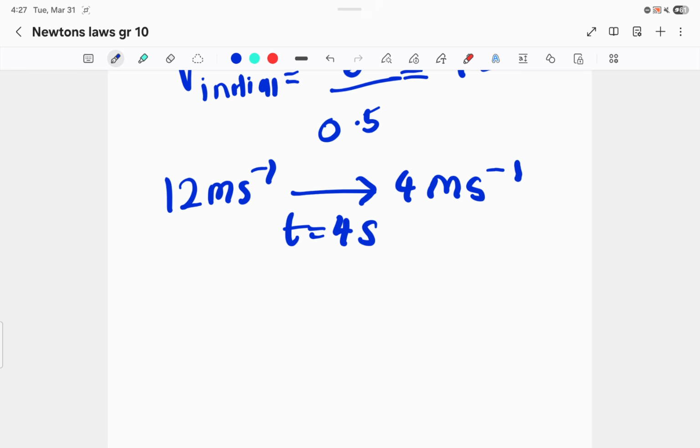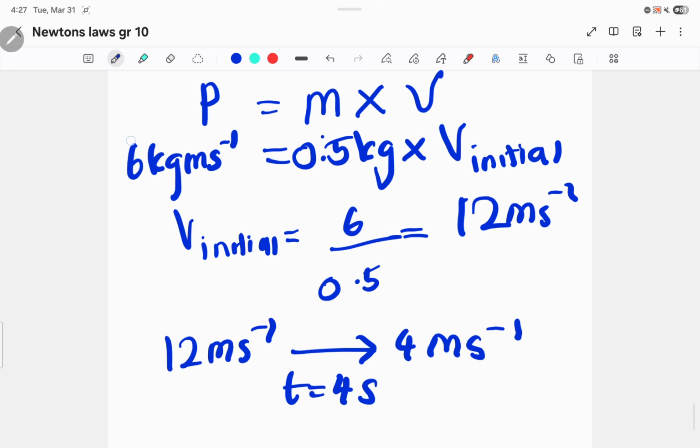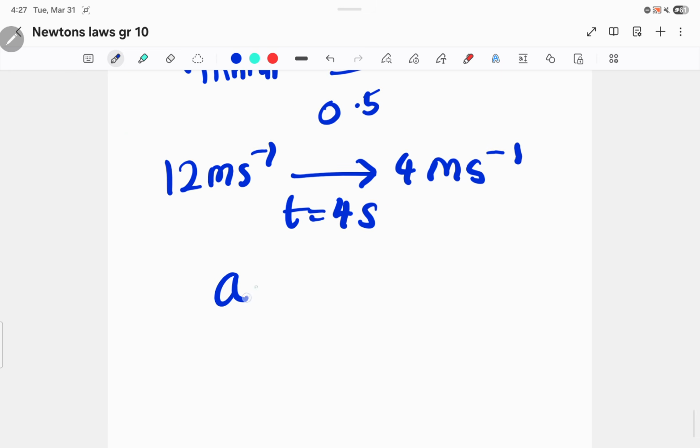What is this deceleration? Deceleration is negative acceleration. As they are asking us to find force, I think it is better to find the acceleration. Even though we know the decrease of velocity is deceleration, we can find acceleration, right?